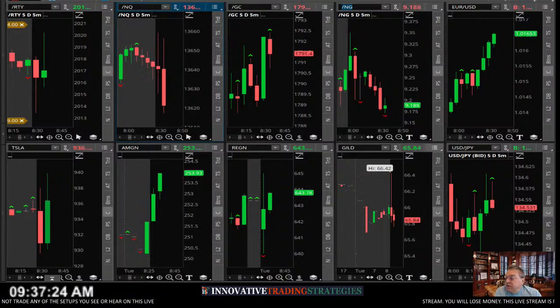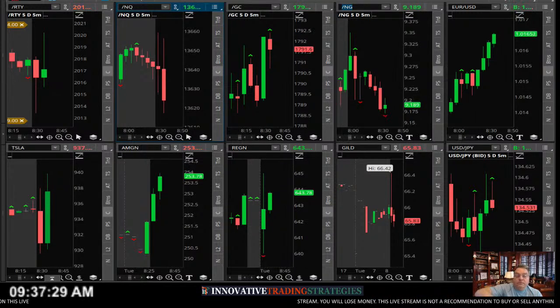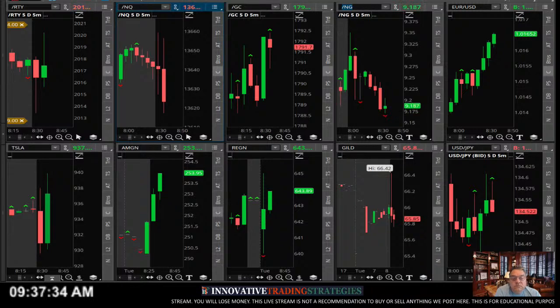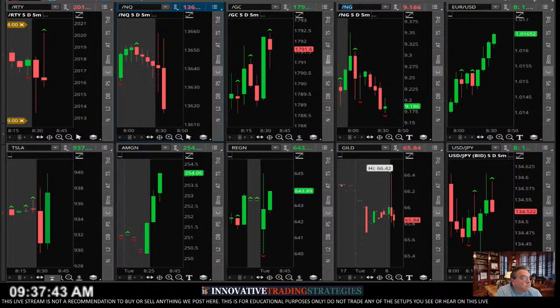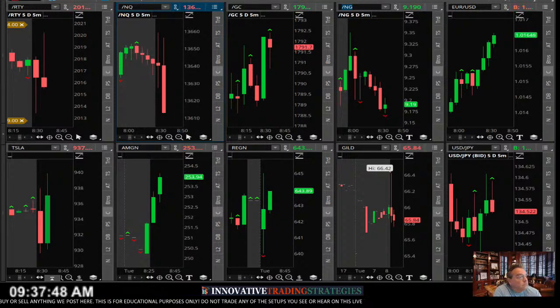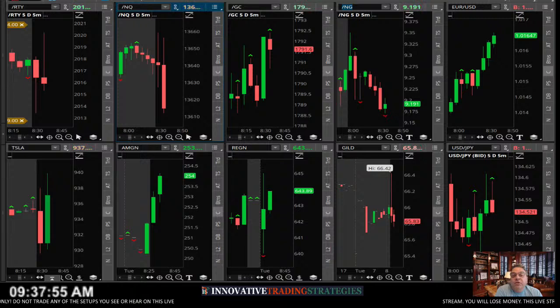So, yen's kind of going sideways. So adding the RTY now puts me net green on RTY. Still short.